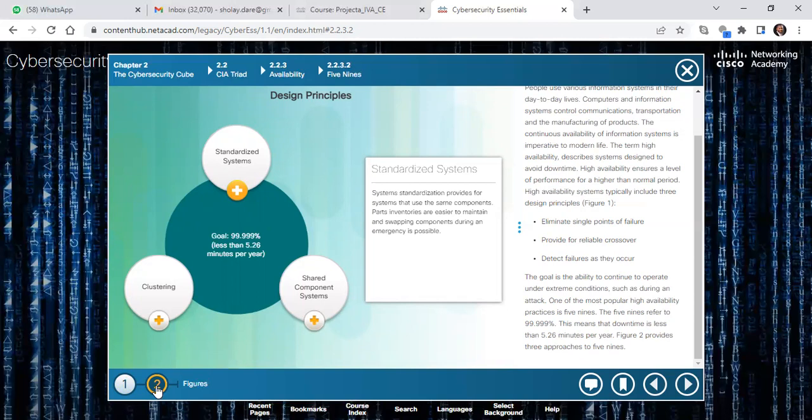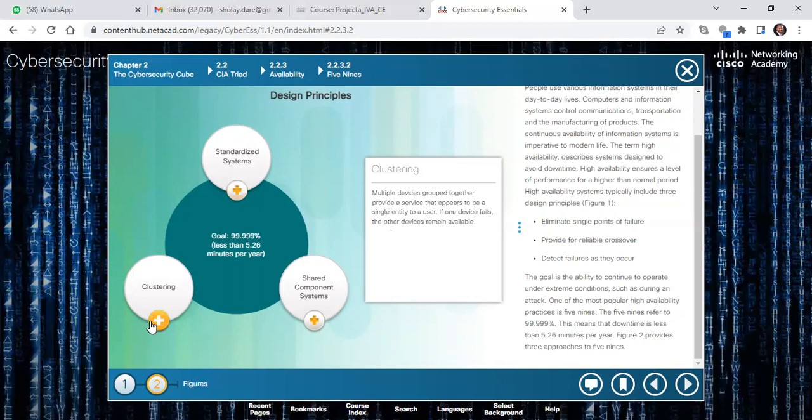System standardization provides for systems that use the same components. Parts inventories are easier to maintain, and swapping components during an emergency is possible. That's having a standardized system. Then we have clustering.